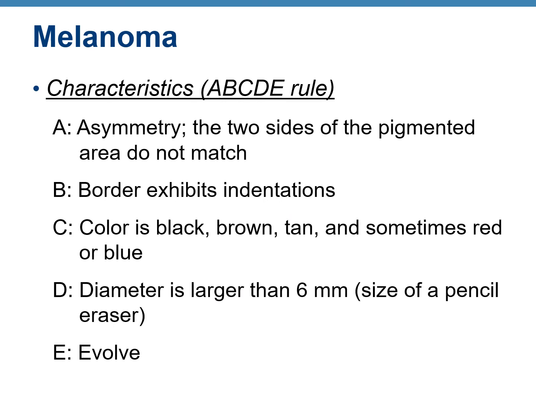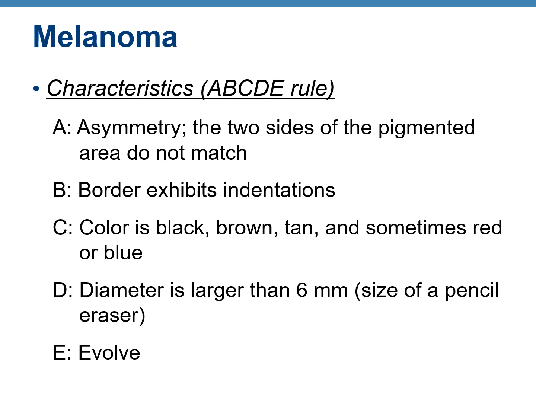So here we have the ABCDE rule to recognize melanoma on the skin. A stands for asymmetry. The two sides of the pigmented area do not match. B stands for border indentations. C for color. It can be black, brown, tan, sometimes even blue.